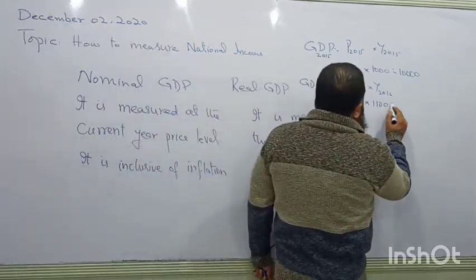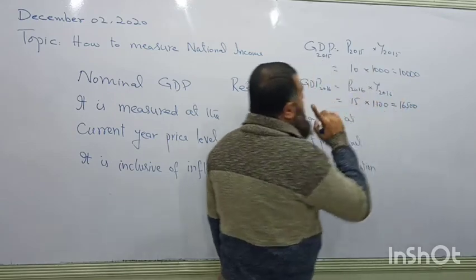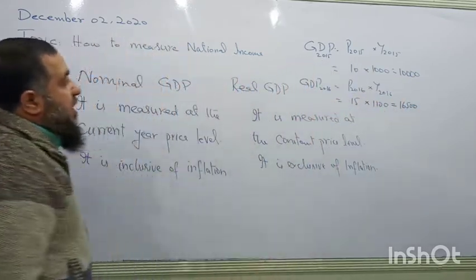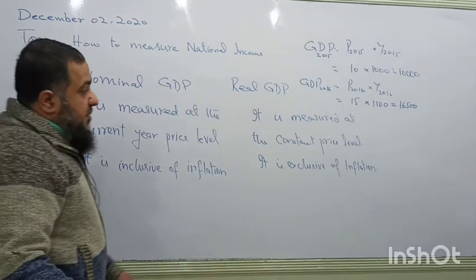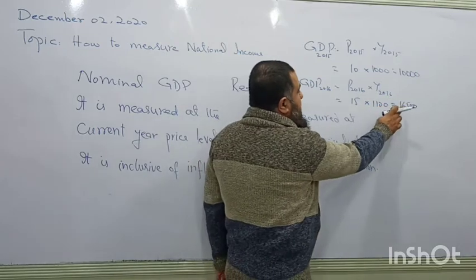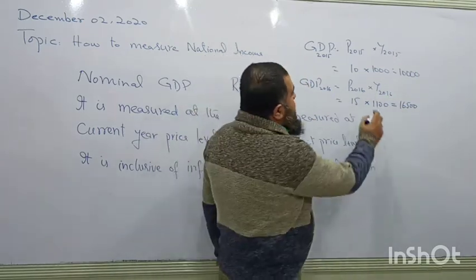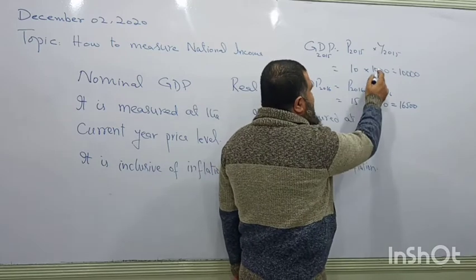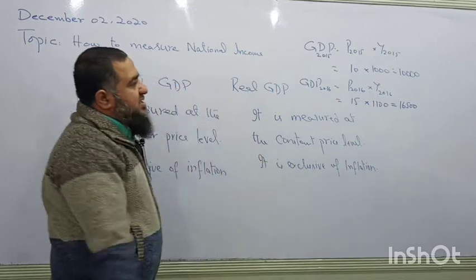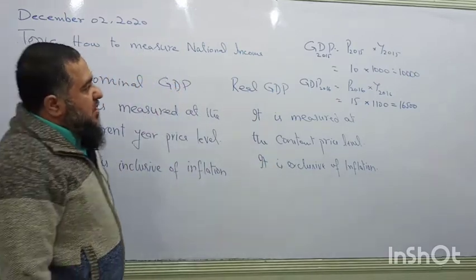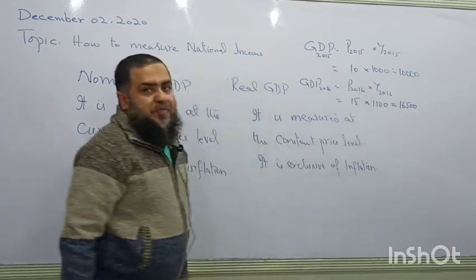You can say in nominal terms our GDP has increased by a much larger amount. Our government can say our GDP growth has increased this year, but keep it in mind this is the nominal GDP. It is not showing more increase in the output level. Output has only changed by 10%, whereas prices have increased by 50%. I am taking very simple figures in order to explain it to you.